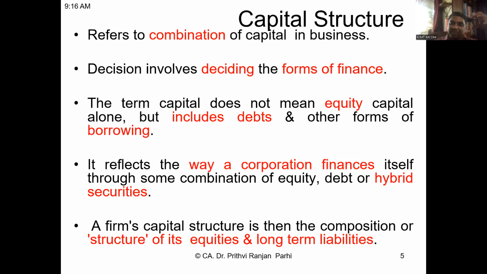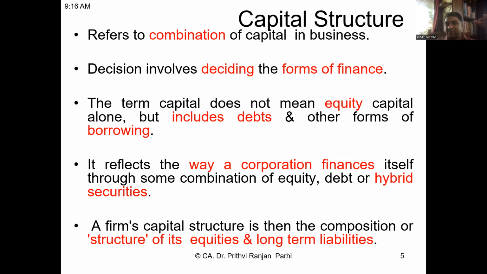And this capital structure, in fact, reflects how an entity or a corporation finances, how it arranges finances for its assets and its investments. It may be in the form of equity, debt, or hybrid securities. Hybrid security means a combination of debt and equity both.